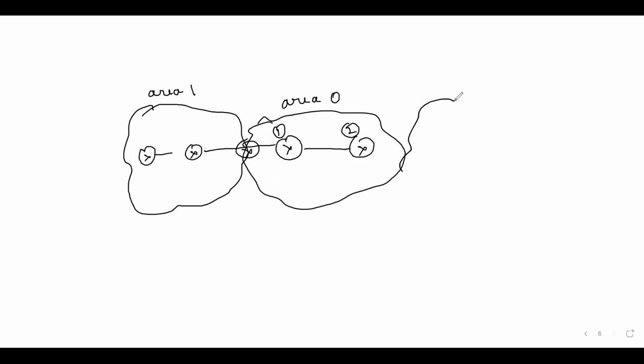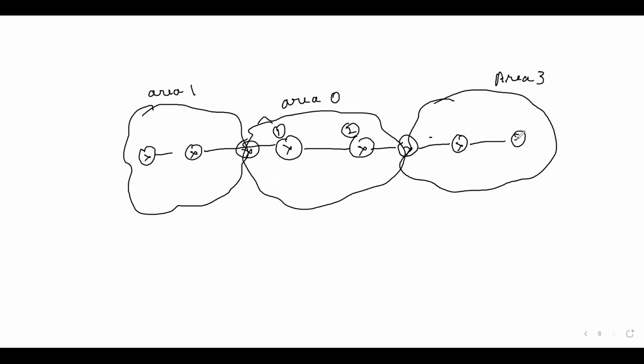There is one more area. This is area 3, suppose. One more router on the border, then the other 2 routers in area 3. So now you can see in every area I have 2 routers, and one router in the middle of the areas. This is easy to understand, not hard.